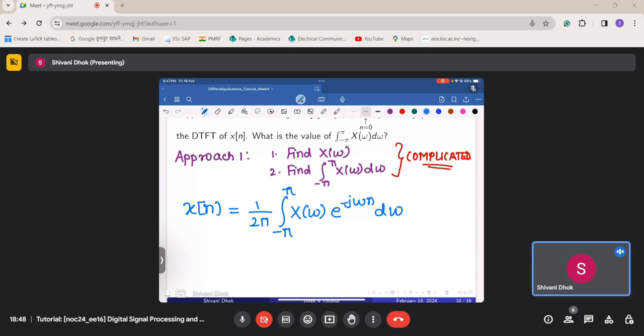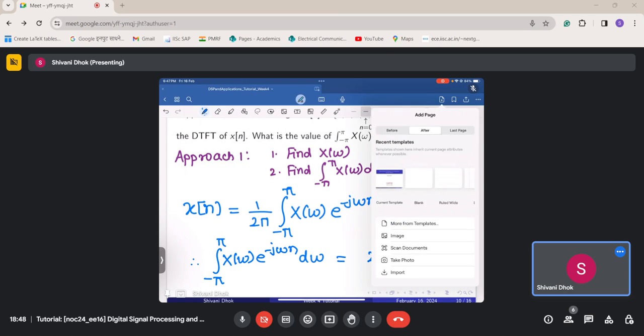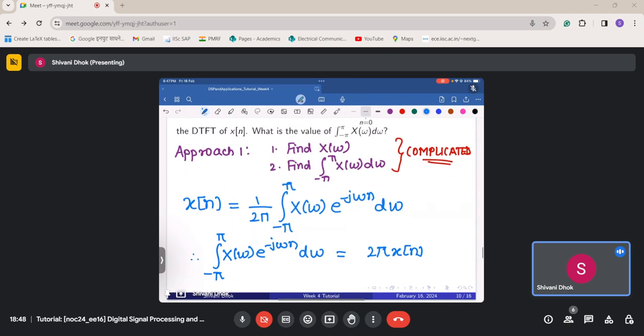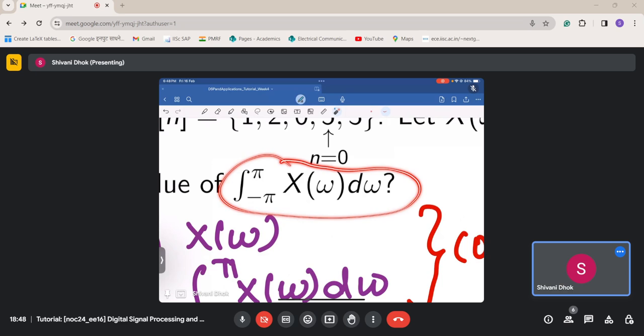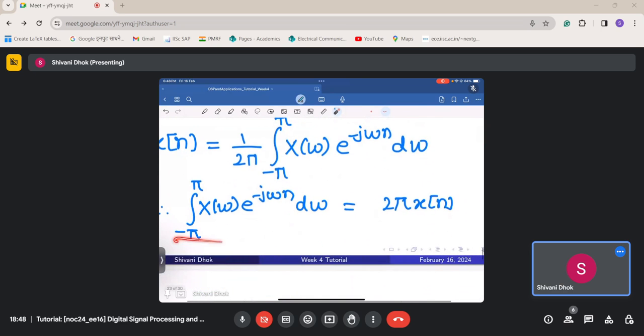Now I can write this as the integral from minus pi to pi of X(omega) e power j omega n d omega equal to 2 pi into x[n]. Do we need to find this integral? No. The integral that we need to find is this quantity here. However, what we are getting is this, so we are getting this additional term here. How can we eliminate this term? We can eliminate this term if we substitute n as 0.